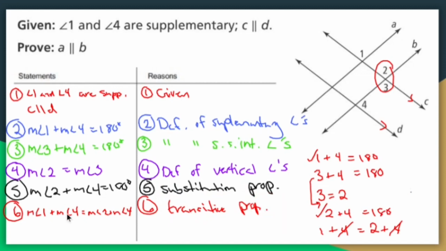Last but not least, I could subtract the measure of angle 4 from both sides, and that tells me that angle 1 is equal to the measure of angle 2. That's the subtraction property of equality.